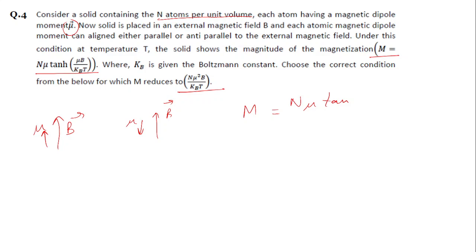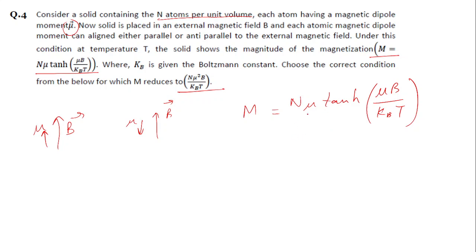But in this question, they have not gone there. They are just giving this expression for the magnetization of this solid, which is n mu tanh of mu B by kBT.